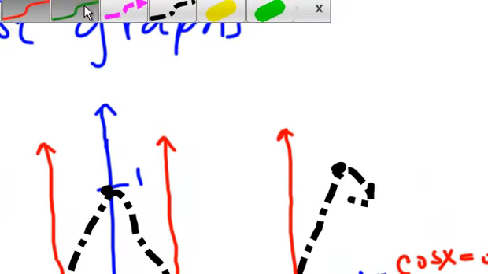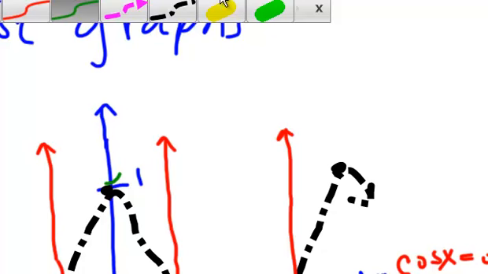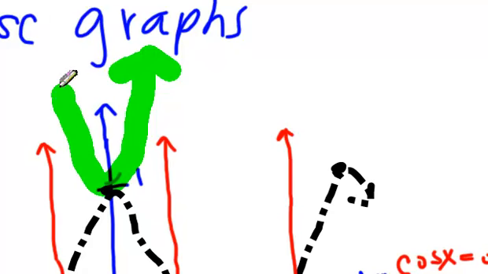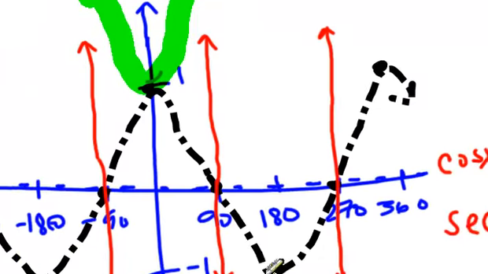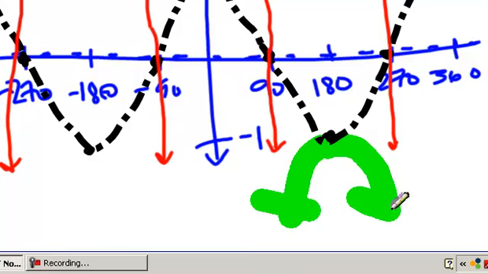Okay, and then after that, and I want it thick, there we go, we draw U's. So you start at the high and you do a U coming off of it. You start at the low here and you draw a U. So there's another U here.